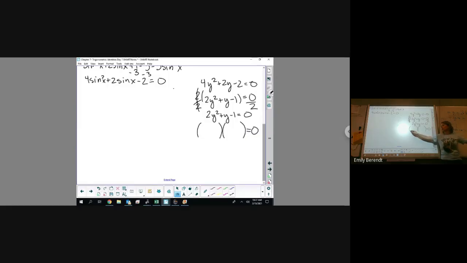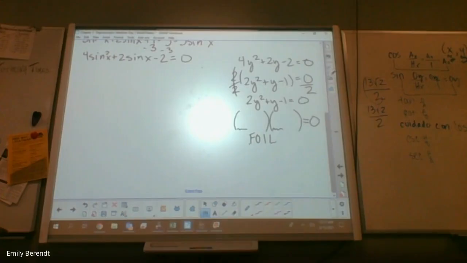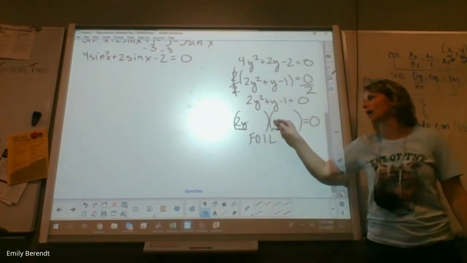So when you take this times this, when you do the F in FOIL, this times this would have to give you what? A 2y squared, right? We've been splitting it into y and y to get y squared. But what's the only way to get a 2y squared back? A 2y and a y. So we know you have to have a 2y and a y.